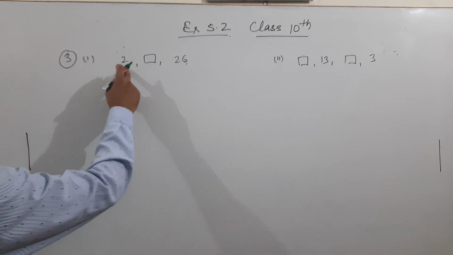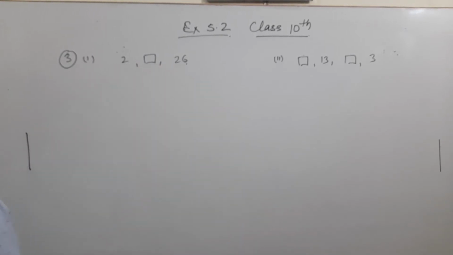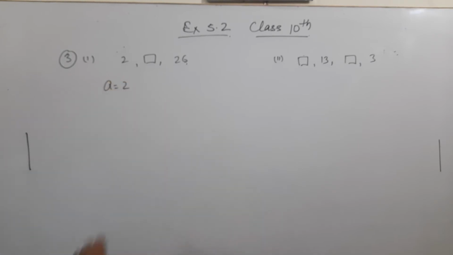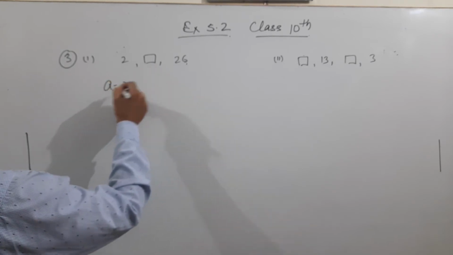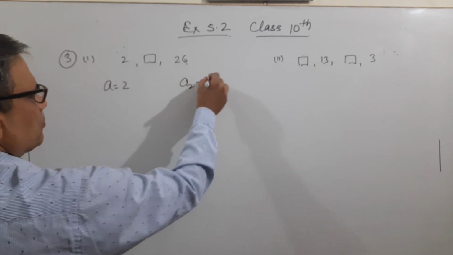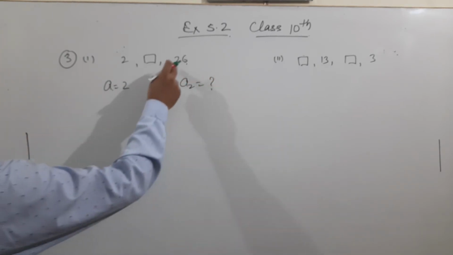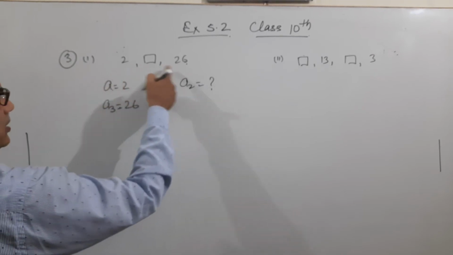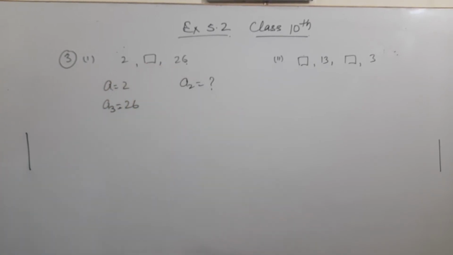Here we have to find out the first term, second term, third term. A is equal to 2, this is A1 and this is A2. A2 we have to find out, and this is A3. A3 is equal to 26.